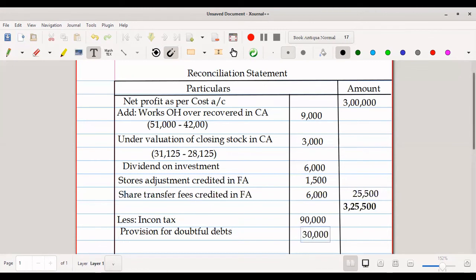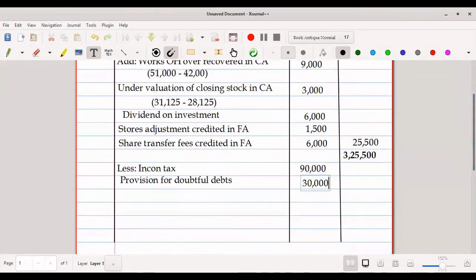These are very easy problems. And next is preliminary expenses written off, that is 13,500.